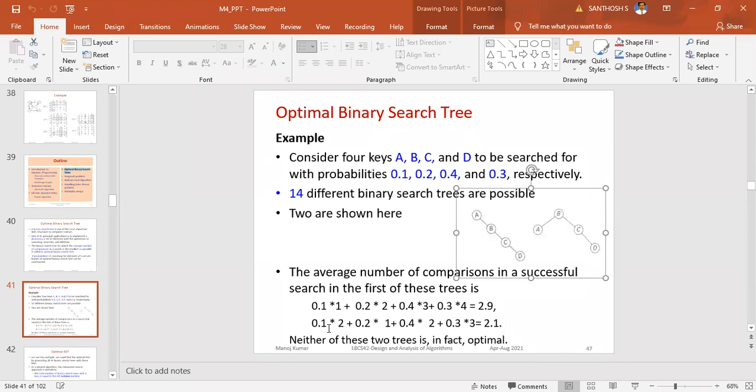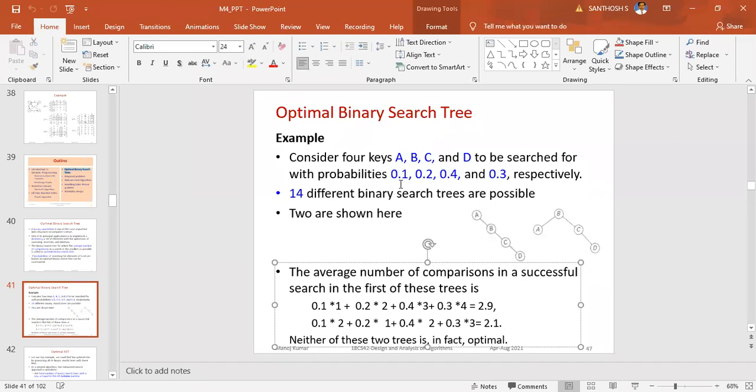In the earlier tree, A was at level 1, level 2, level 3, level 4. So for A, what is the value? 0.1 star, and its level is 2. Next, B is 0.2 star 1 plus 0.4 star 2 plus 0.3 star 3. That will give 2.1.